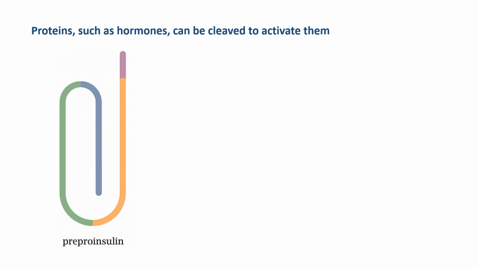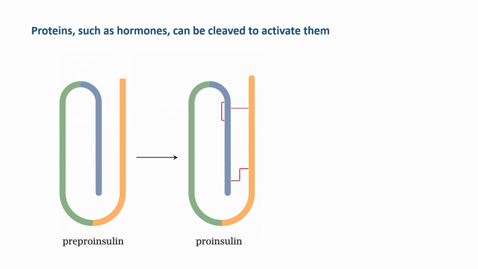It's inactive at this stage. The next thing that happens is that little bit at the end, the signal sequence, is removed. It's cleaved, not with a knife like that, but you get the idea. That's cleaved off. Cleavage is usually done by enzymes, which of course are also chemical proteins.